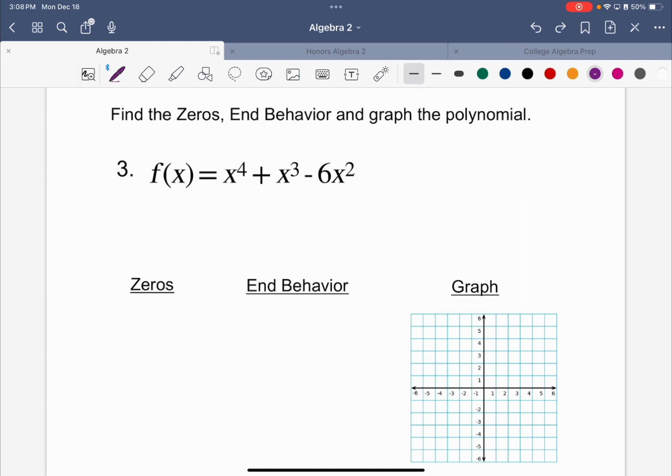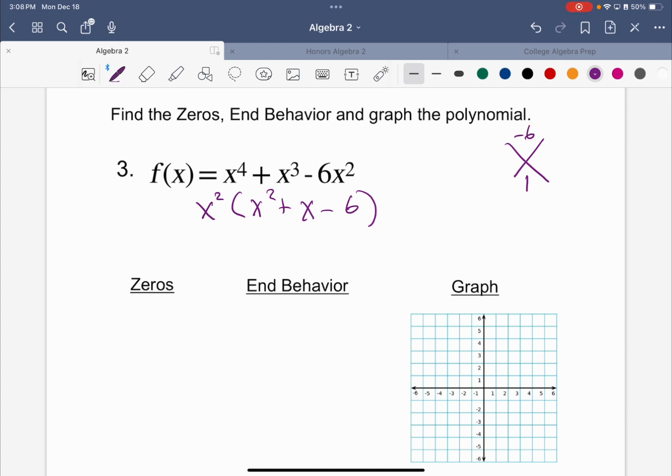So we've got a trinomial, so we know we're eventually going to try the x method. However, what do we have to do first? Take out GCF. GCF is 2x squared. So that gives me x squared plus x minus 6. Perfect. Trinomial means try the x method.